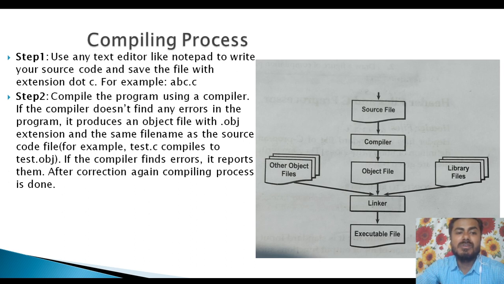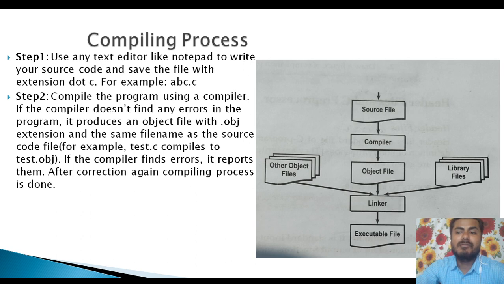If the compiler finds errors, it reports them. So if the compiler finds any error, then it reports all those errors to the user, and it will not create any object file.